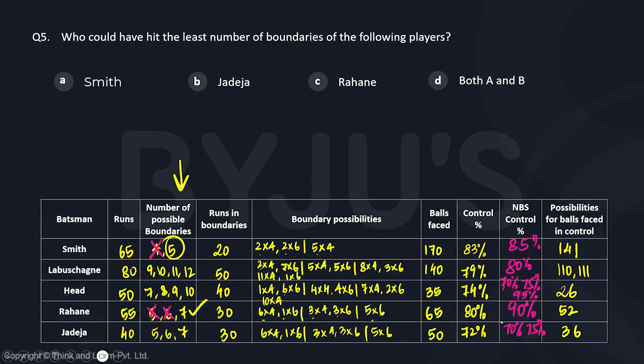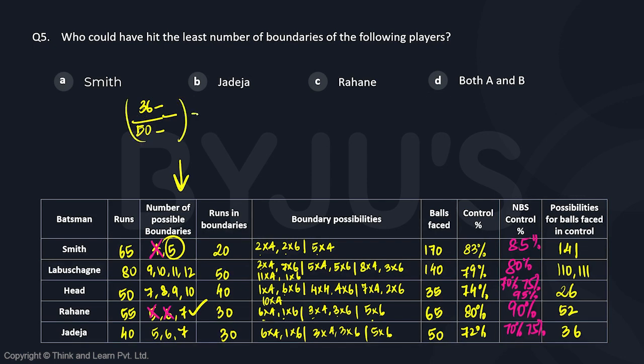So if we look at the control percentage of Jadeja, if we want a 75% control, what we will need is 50 minus 1 of 5, 6, or 7, and we have 36 minus 5, 6, or 7.